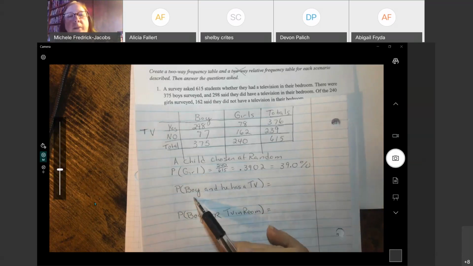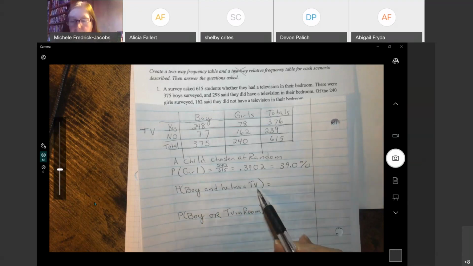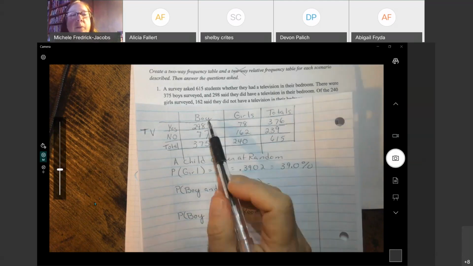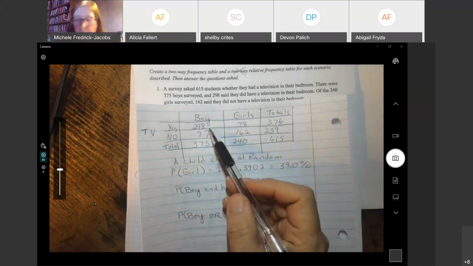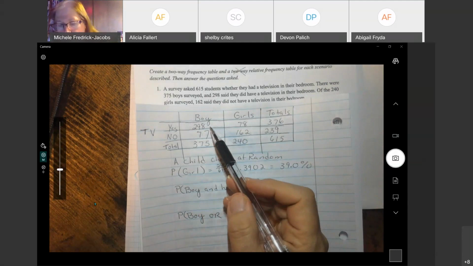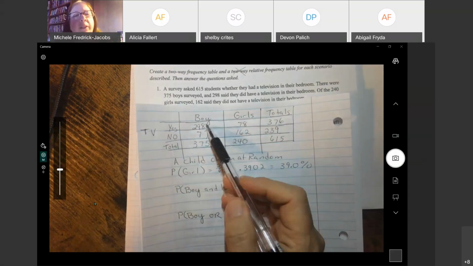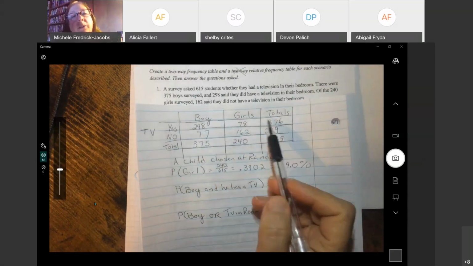So the probability it's a boy and he has a TV. Anyone? For the percent? And means it has to be both. So a boy with a TV would be 298. A boy and a TV would be the two. Oh, I think you added totals.